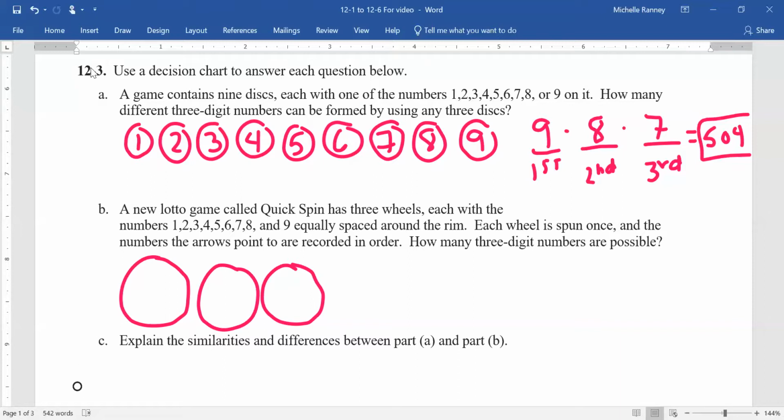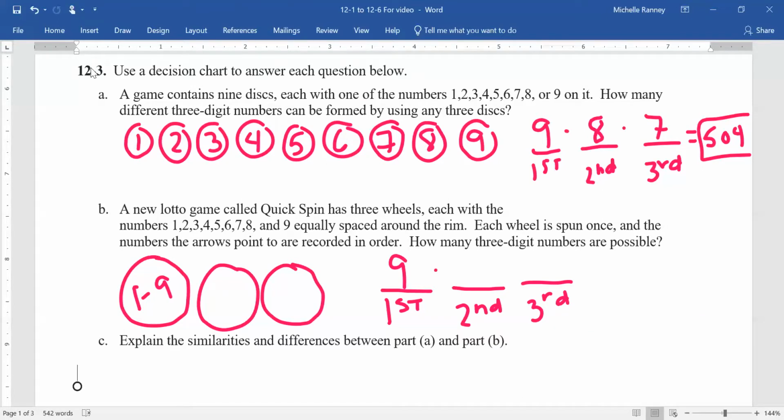Okay, so for this one, again, it's like the one above. We have 3 different choices. The first spin, the second spin, and the third spin. So when we spin the first spinner, again, remember, we have the numbers 1 through 9 all on this. So I can get 9 different numbers.